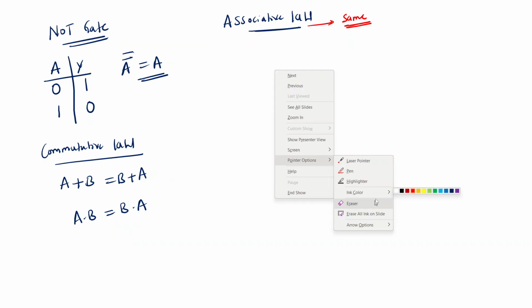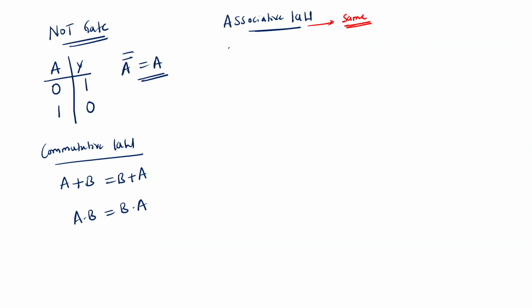So how we can write the associative law: (A OR B) OR C equal to A OR (B OR C).